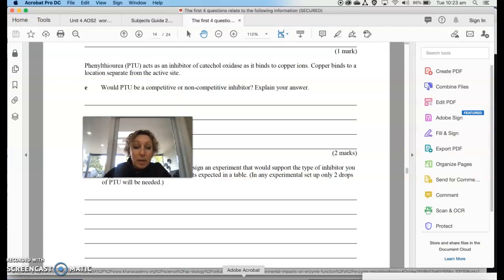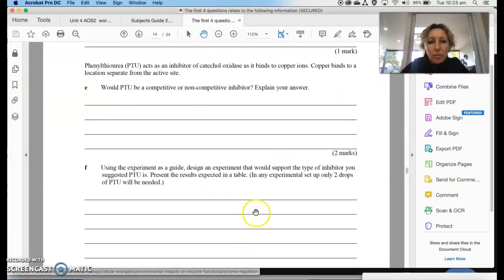You need to be changing the concentration of the substrate. And if you increase the substrate concentration, you will overcome the effect of the inhibitor only if it's a competitive inhibitor. If it's a non-competitive inhibitor, then the inhibitor will still stop the reaction or slow the reaction considerably.